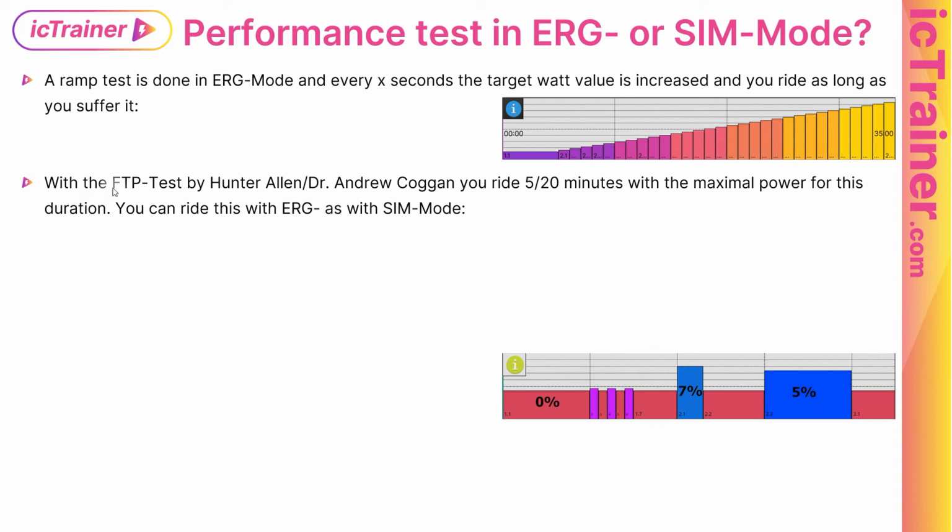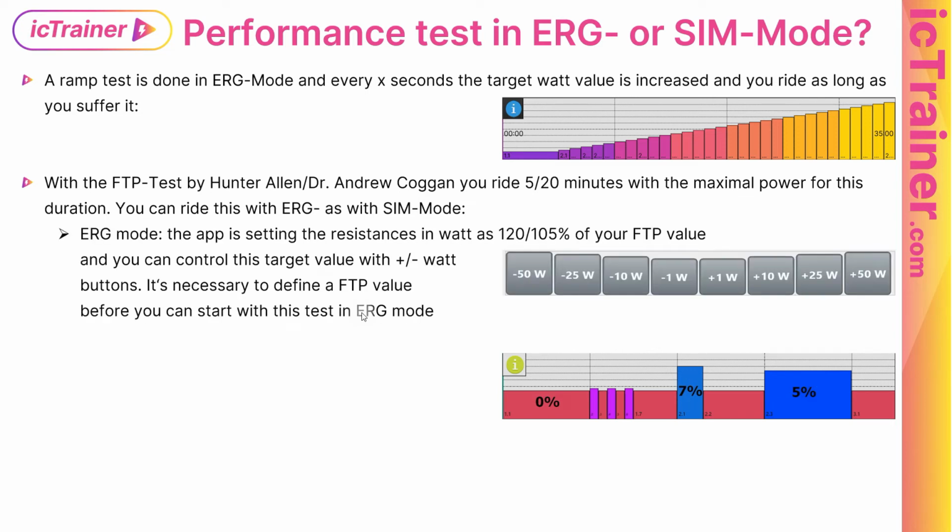But if you do the FTP test by Hunter Allen and Dr. Andrew Coggan, for example, you ride 5 or 20 minutes with the maximal power for this duration. And you can ride this in the ERG mode as well as in the sim mode. Both are possible. In the ERG mode, the app sets a resistance, for example, in the 5-minute step 100% of your FTP, and in the 20-minute step 105% of your FTP.